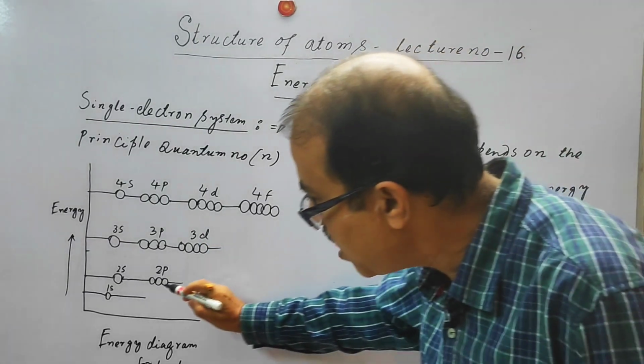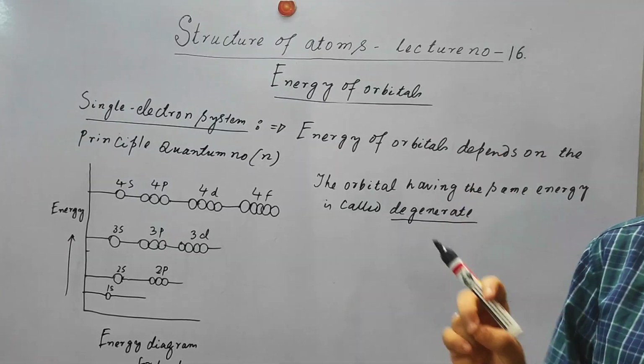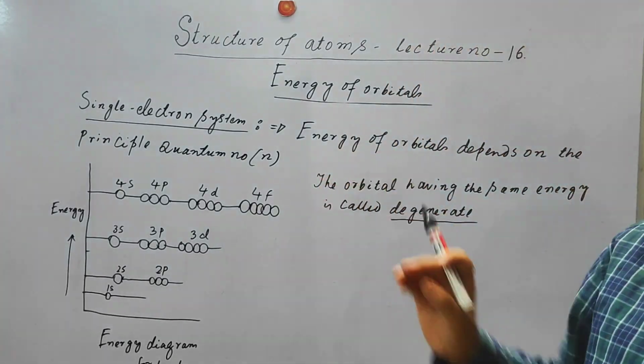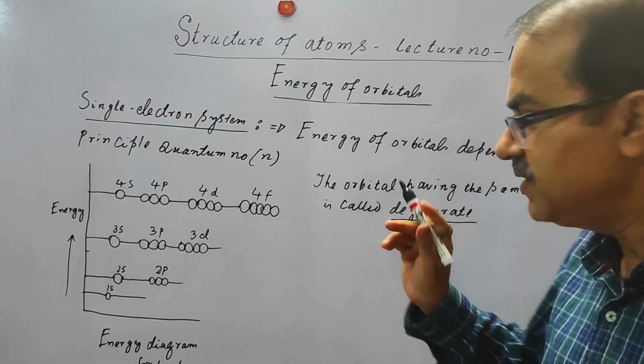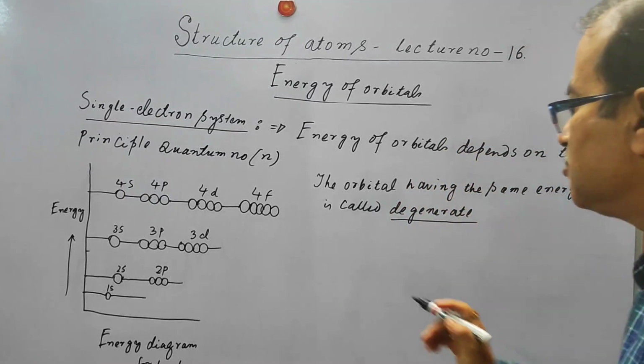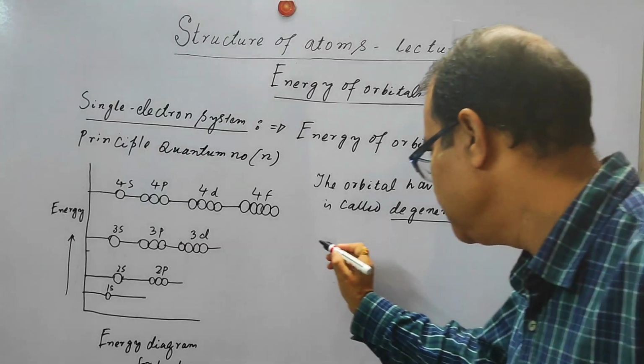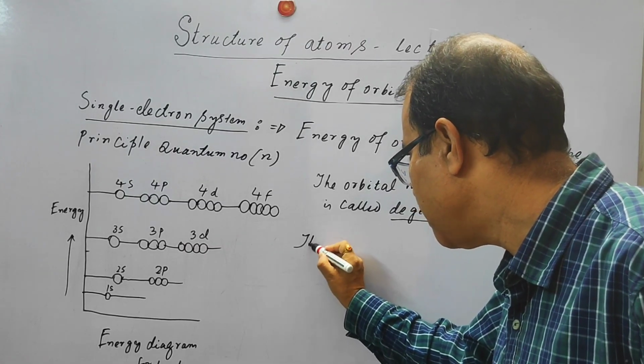And here you can see the 1s orbital has the least energy compared to the others. So when the electron is in this 1s orbital, we call the atom to be in the ground state.